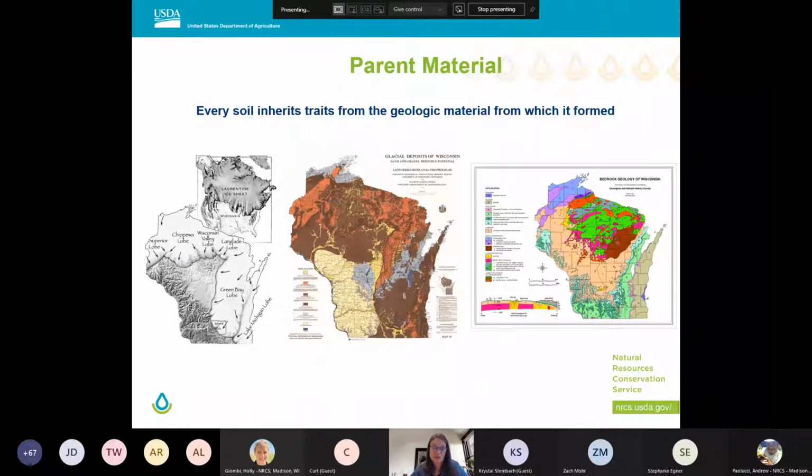We have several different parent materials that our soils have formed in, and we won't go into detail, we'll just mention them. These include till, outwash, lacustrine, loess, alluvium, and organic materials. And these different parent materials have different properties and they react differently to management. Then this picture to the right is our bedrock geology.